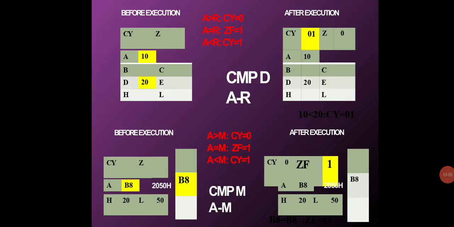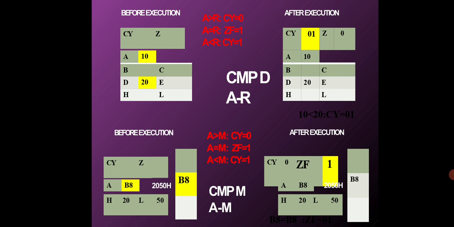You can see in this example that the content of A is 10, and the content of D is 20. If A is greater than R, then the zero flag is 0 and carry is 0.